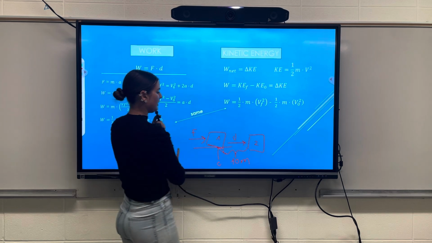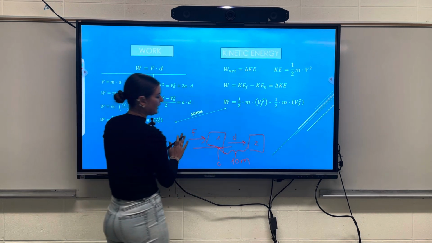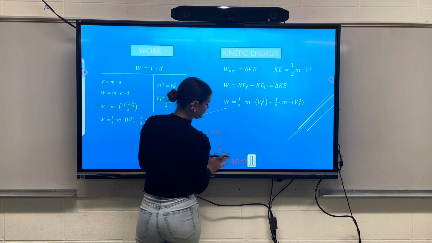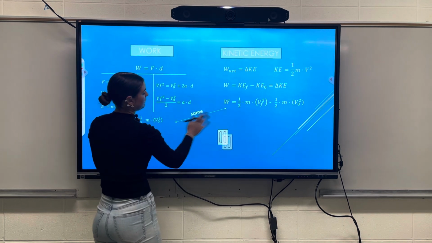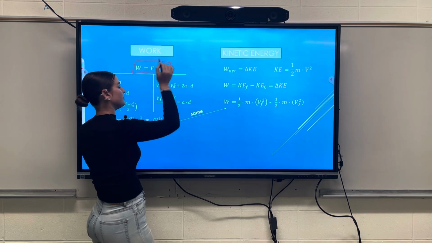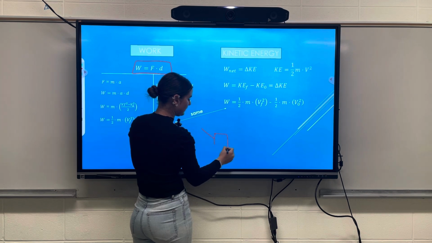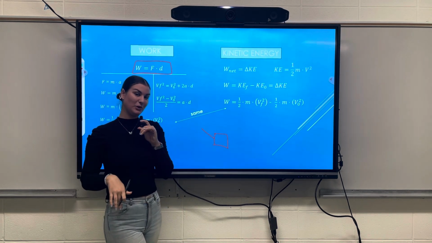That's the first thing. I also just want to tell you in advance that this formula is functioning when we have the angle of 0. If we are pushing that box under some angle, the problem becomes more complicated.